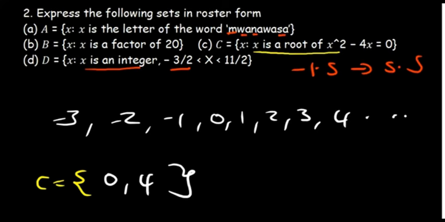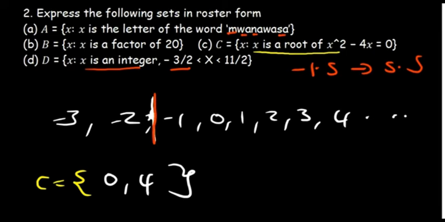So despite them telling us from negative 3 over 2 up to 11 over 2, we are not going to consider fractions. We just consider the numbers that are in between, the integers themselves. So negative 1.5 is somewhere there.